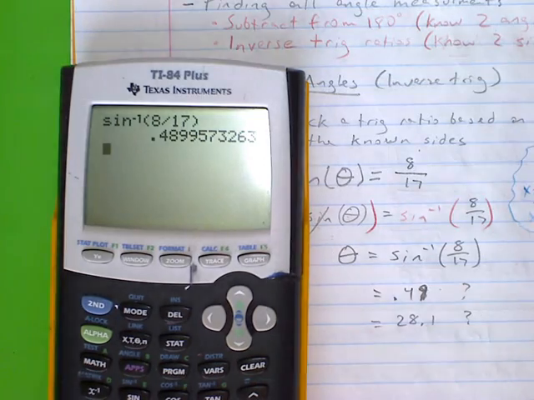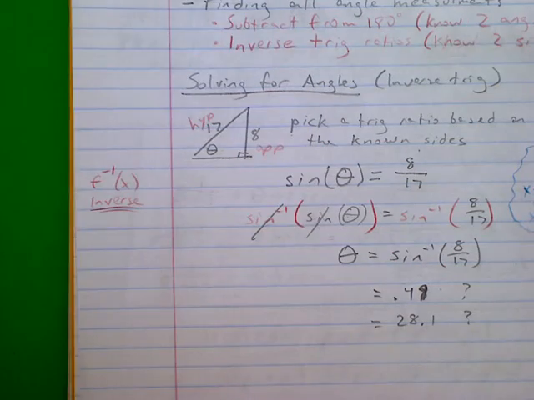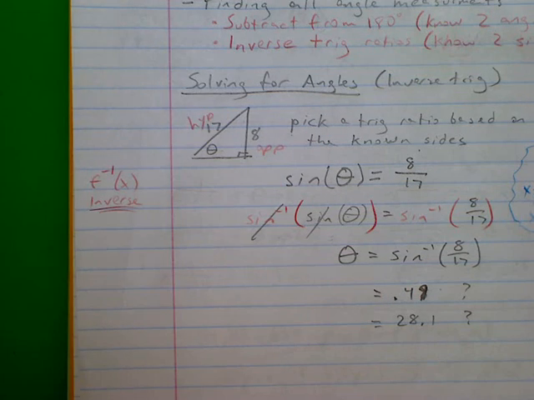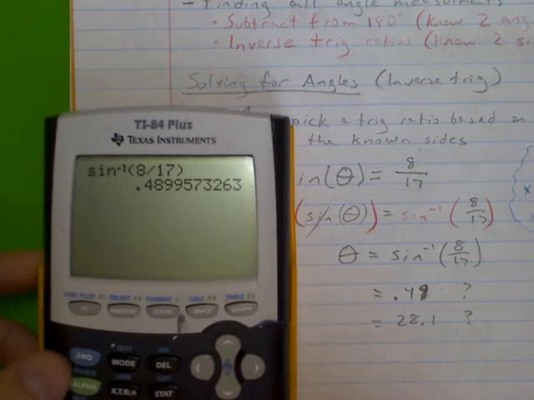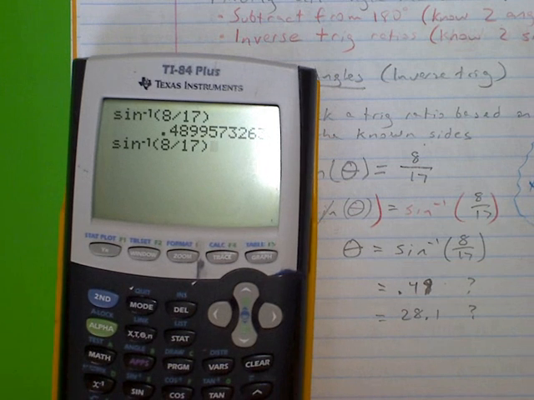So what's the difference here? Somebody probably knows. We both typed in the same thing. If you don't believe me, here, I'll type in the same thing again. Sine inverse of 8/17. It's the same thing, right?